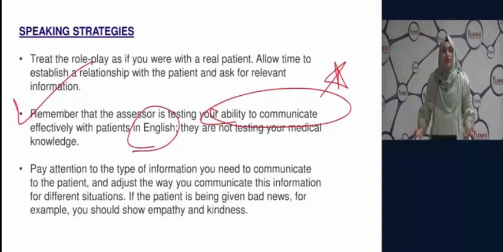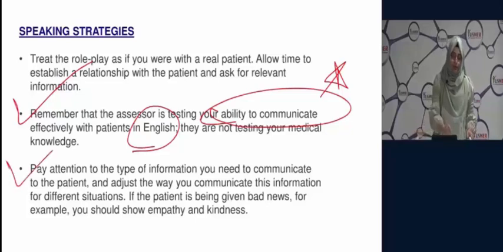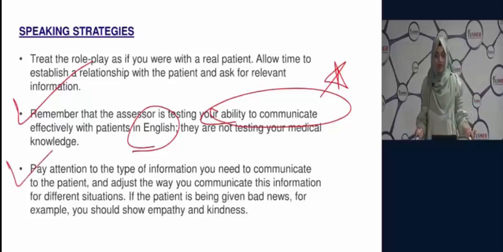As long as you can speak confidently and fluently in English, there is no problem in getting a high score in this OET exam. Pay attention to the type of information you need to communicate to the patient and adjust the way you communicate this information for different situations.